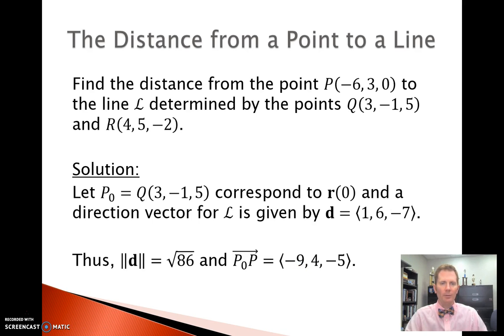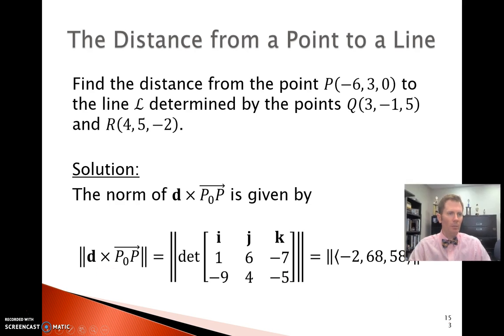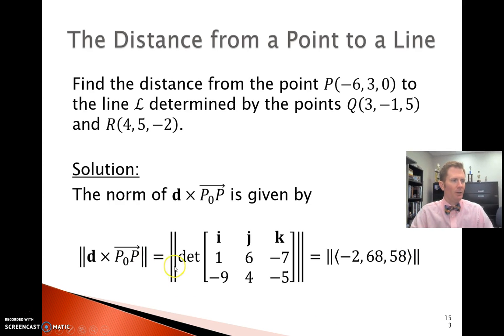So now that we have vector D and vector P0P, we can cross them with the purposes of finding the magnitude of that cross product. So to cross D and P0P, I'm going to take the determinant of the matrix where i, j, k is in the first row, the components of D are in the second row, and the components of P0P are in the third row.